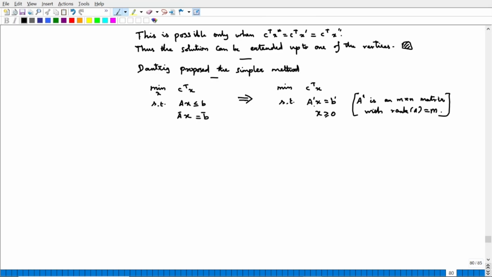What it means is that you should have only equality constraints, okay, and inequality constraints are very specific. It has to be x non-negative, okay. No other kind of inequalities are accepted. You have to have x non-negative as the set of inequality constraints.